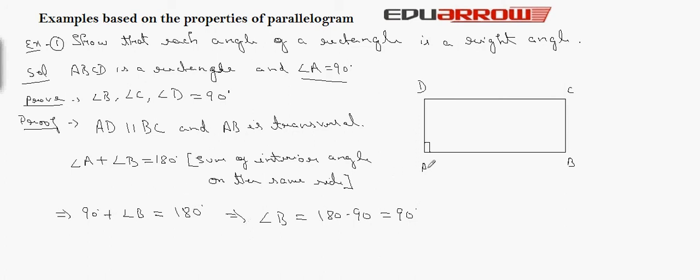We know that ABCD is a parallelogram as a rectangle is also a parallelogram. So we know that in a parallelogram opposite angles are equal.